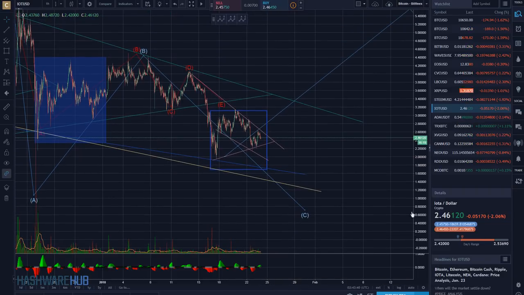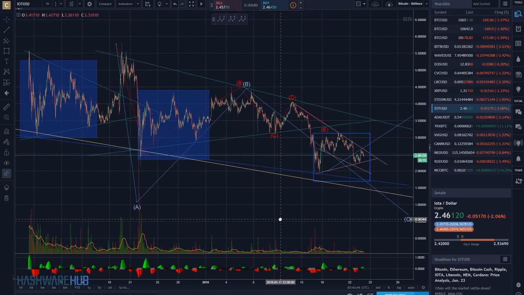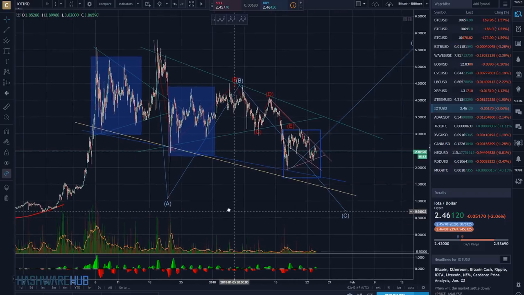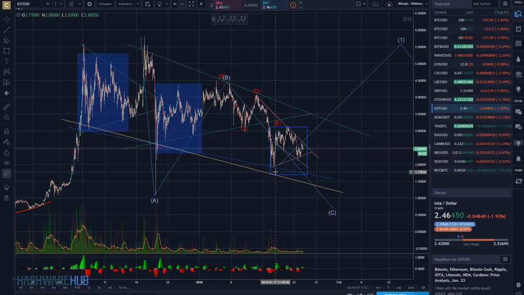The next thing that I noticed was this. Okay, if we just start treating it like a large triangle, then what we have is this is A, B, C, this fractal's right here, and we think maybe it may go up, right?